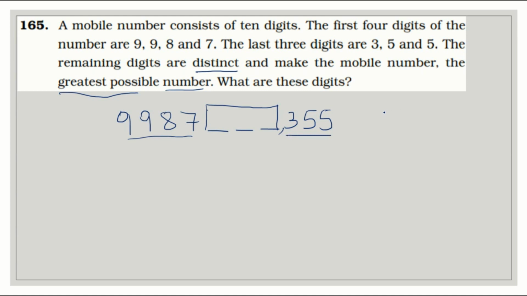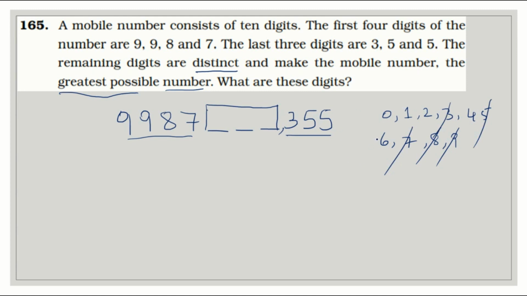That means out of the 10 digits which form a number, we have already used some of the digits. That is, 9 is used, 8 is used, 7 is used, 3 is used, 5 is used.